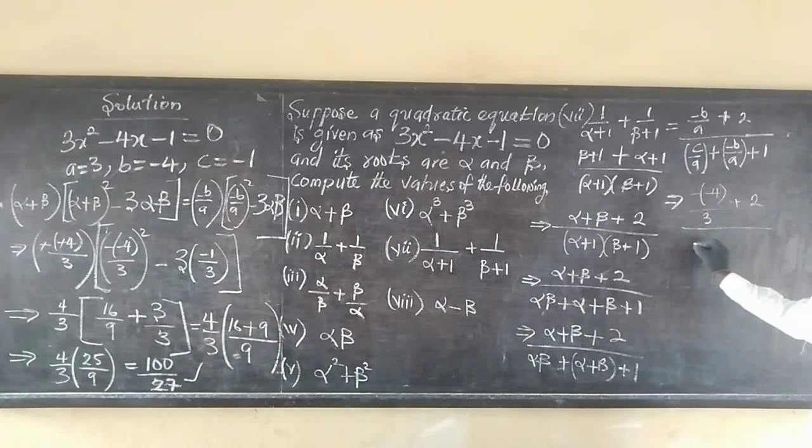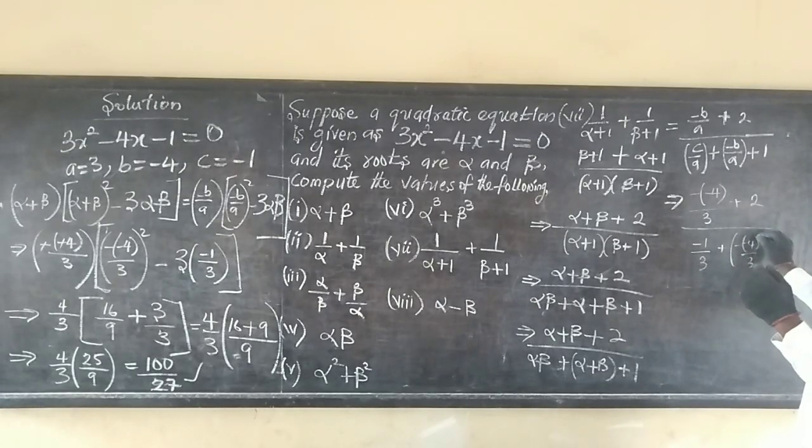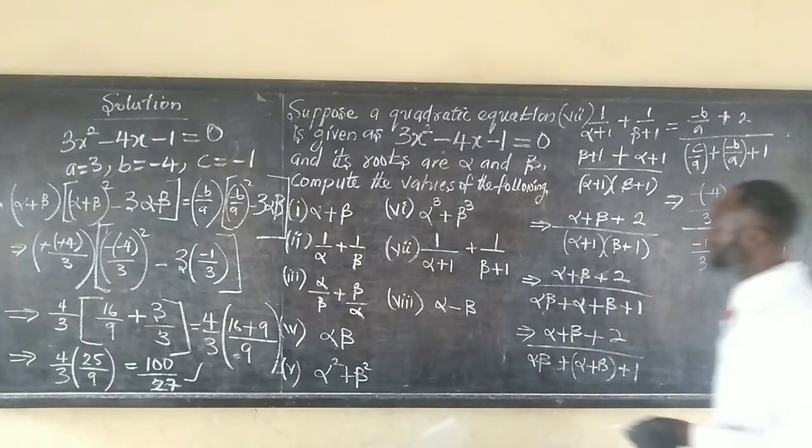Here we have c is minus 1, and a is what? 3. Here we have the same thing as in the beginning. So we have minus 4 over 3, please. And then we maintain plus 1. Plus 1. Good.